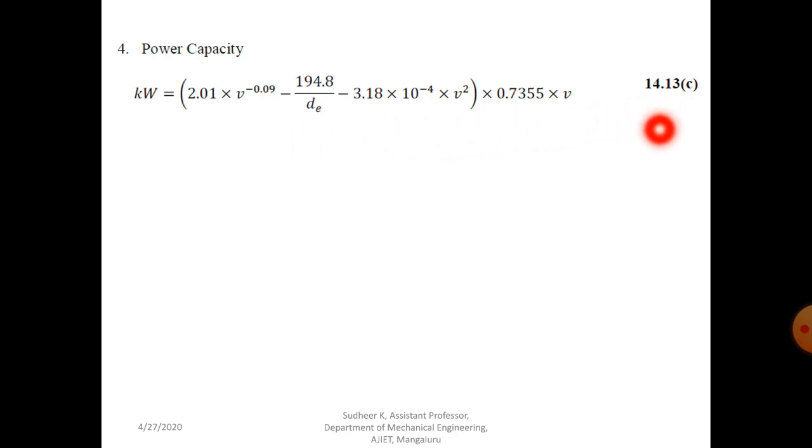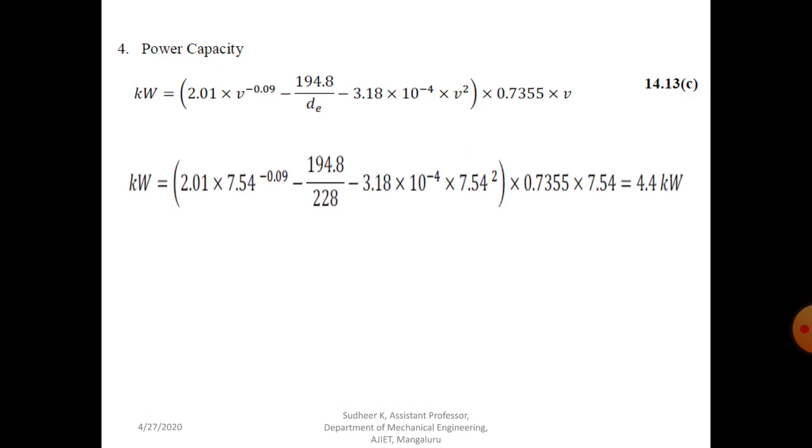So based on this, you have to calculate power capacity. Here two important variables are DE and velocity. So DE you already calculated, that is the equivalent small diameter DE, and V is velocity. So based on this you have to calculate the power capacity of each belt under different cross sections.